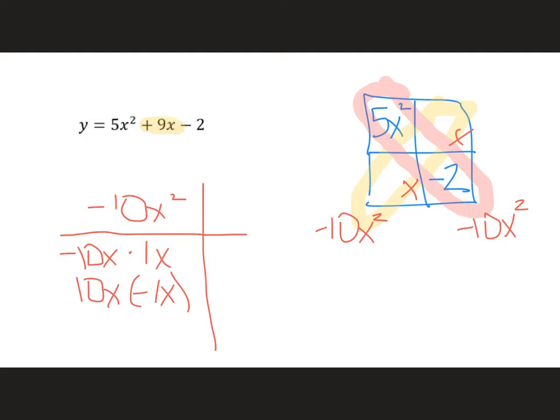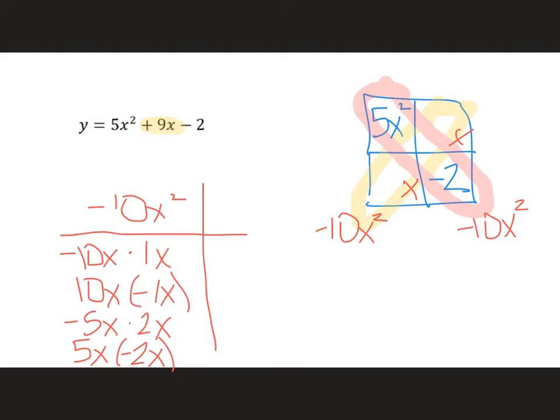I could have negative 5x and positive 2x, or I could have the exact same factors as the red diagonal, which would be a positive 5 and a negative 2. Those are really the only factors of negative 10x squared.